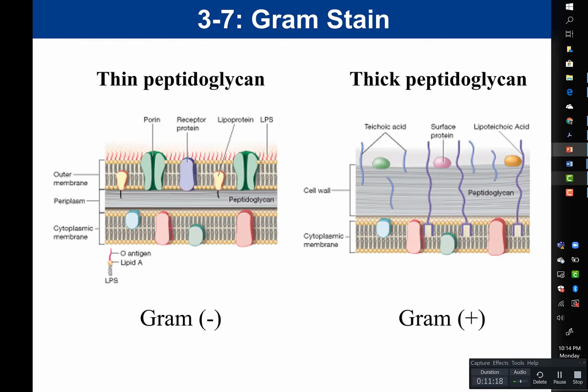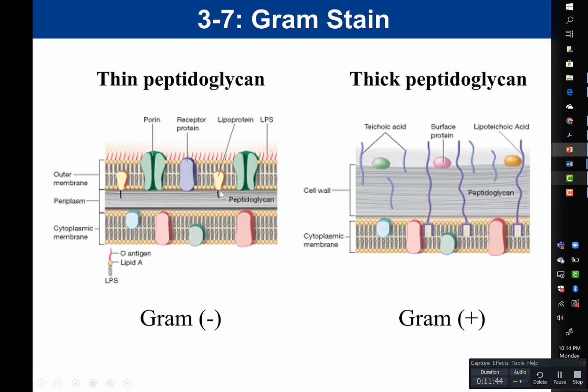You want to know why gram-positive stain differently than gram-negative. The gram-positive will retain the purple color. They will retain the crystal violet because they have a thick layer of peptidoglycan. Because of this thick layer of peptidoglycan, it's going to hold in that purple crystal violet.